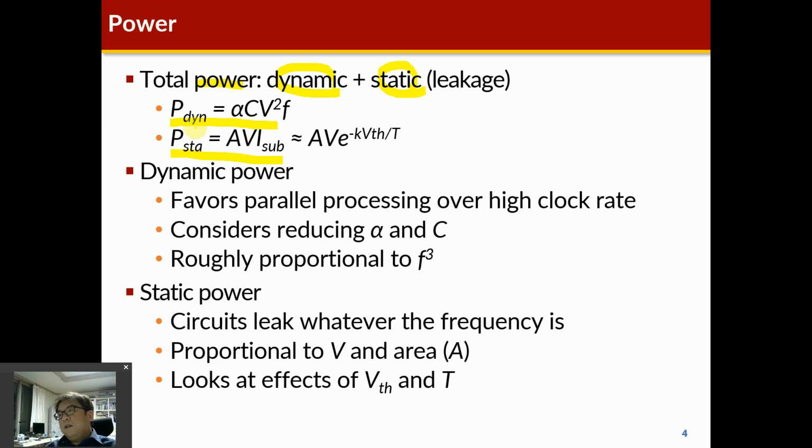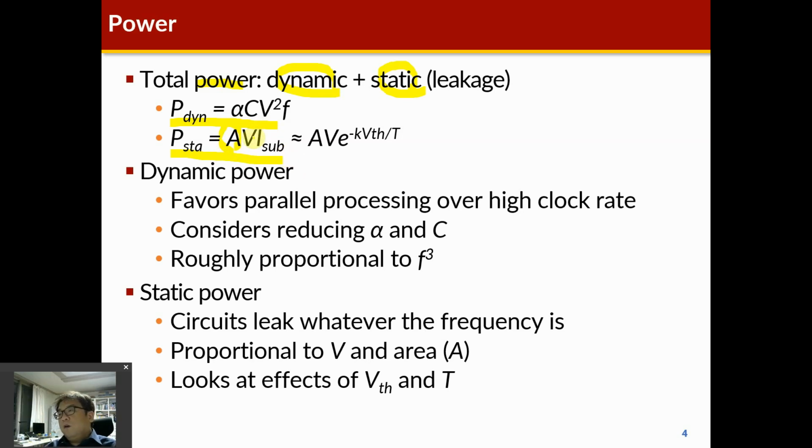So basically the static power equation is, A means some coefficient, and then A is the area of the circuit, and then V is the supply voltage, and then I is the leakage current from the voltage VDD to the ground.